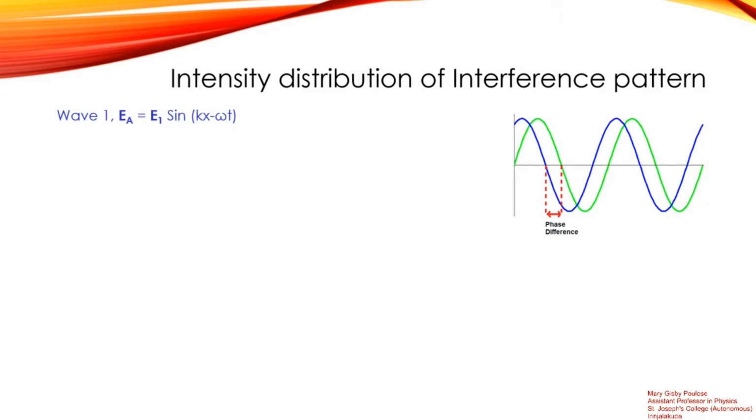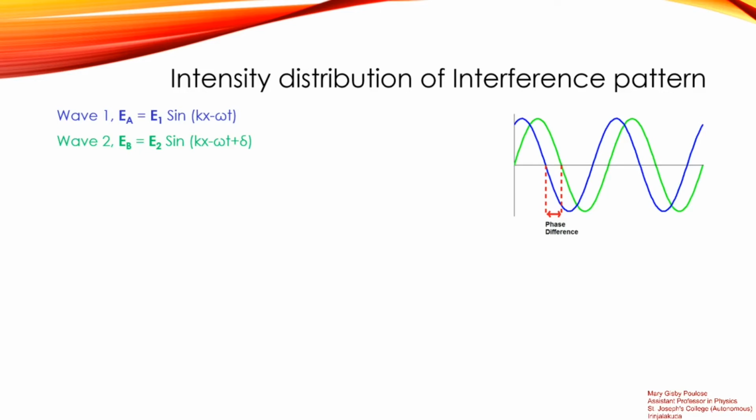From this we understand that the direction of propagation is in the positive x-axis. Now the second wave can be represented as EB is equal to E2 sine of kx minus omega t plus delta. Here delta represents the phase difference between these two waves.